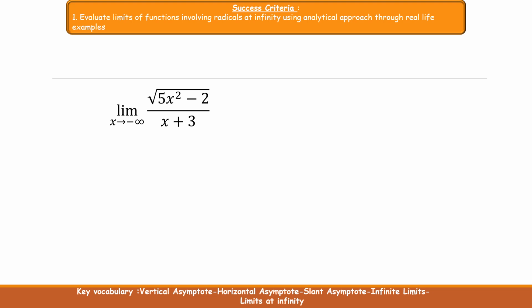What if we have anything with negative infinity? Remember, everything stays the same. The only thing we will do before applying the limit is put a negative sign near the square root. Why? Because the square root could give us a positive or a negative answer, the same as an absolute value.